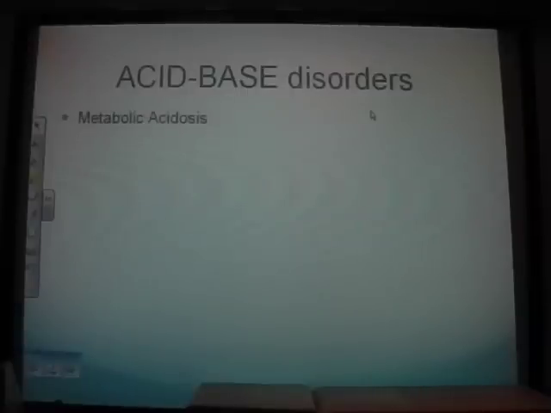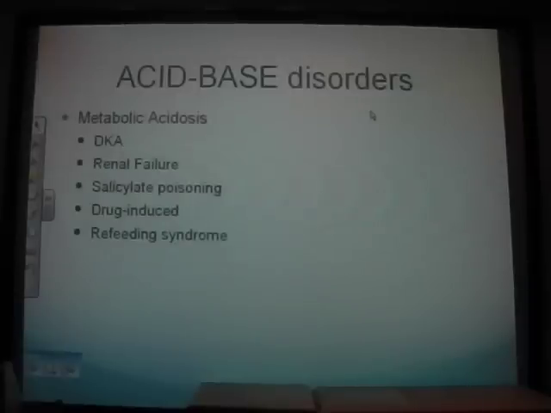Causes of metabolic acidosis? Yep. AKI, one of the most common causes. Drug overdose. DKA, drug overdose. Yeah. Anything else? Salicylate poisoning.